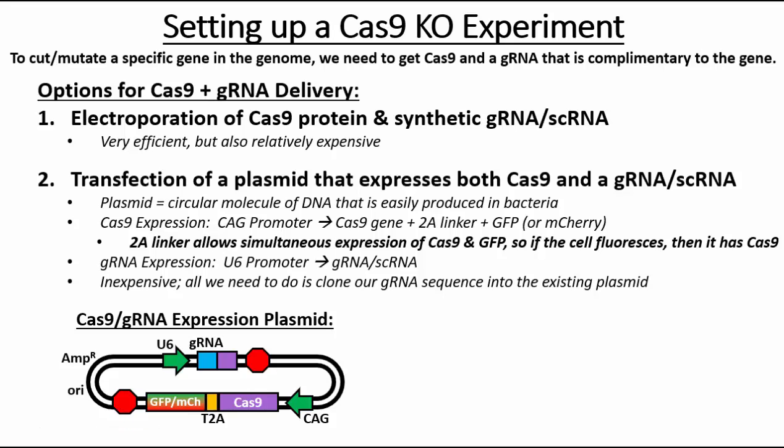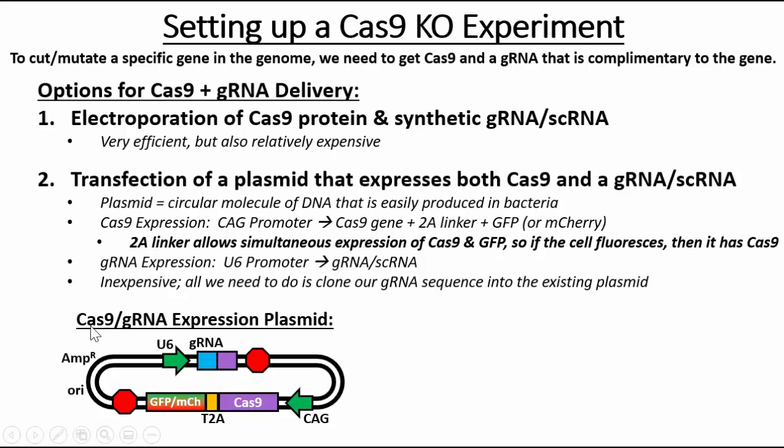So if I look at my cells and I see that they are fluorescing green from the green fluorescent protein, the GFP, then I know that those cells also are expressing Cas9. And it's reasonable to assume that they're also expressing the guide RNA as well. So the 2A linker and the fluorescent protein here give you a visual indication or confirmation that you do have successful transformation of a given cell, that they are expressing this protein and this guide RNA.